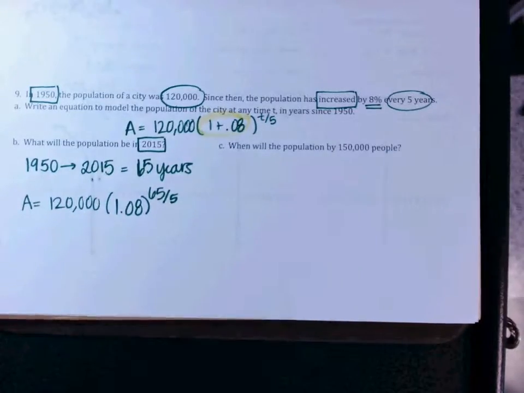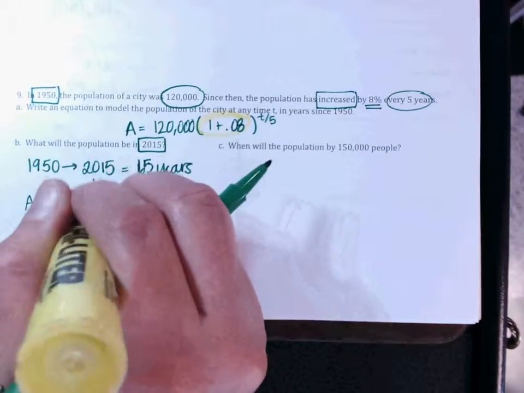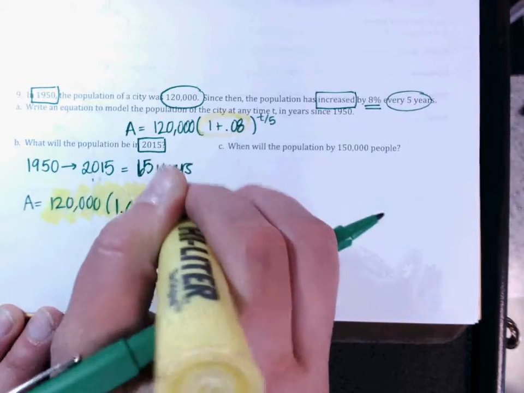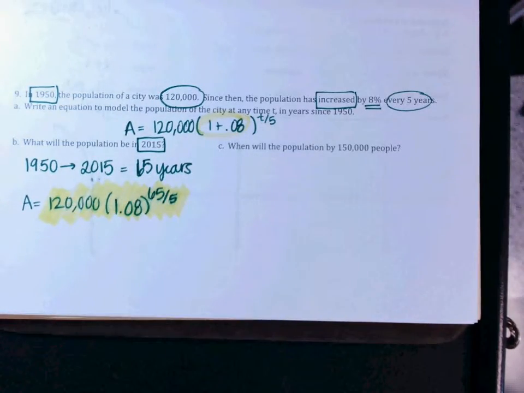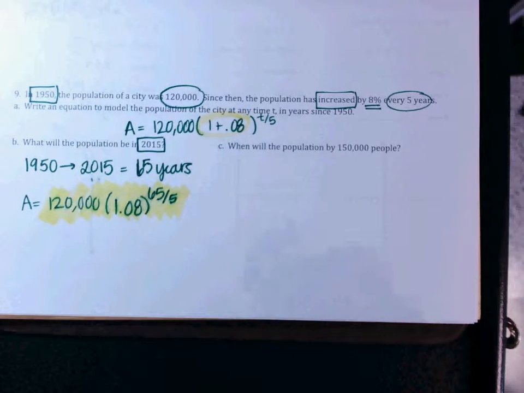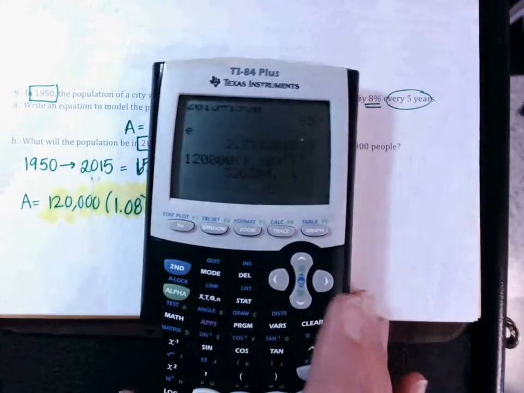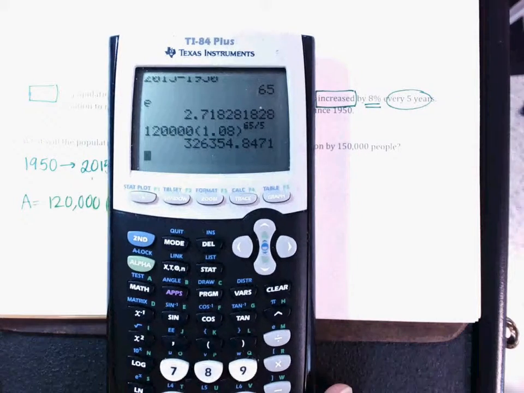Then you'll take that and type it in. Now, I would recommend typing this in now to make sure that you know how to type this in. So 120,000 times 1.08 up to the power of 65 over 5. Did you get that? Okay, good. Now the 0.8, do I round up or down for that extra person?